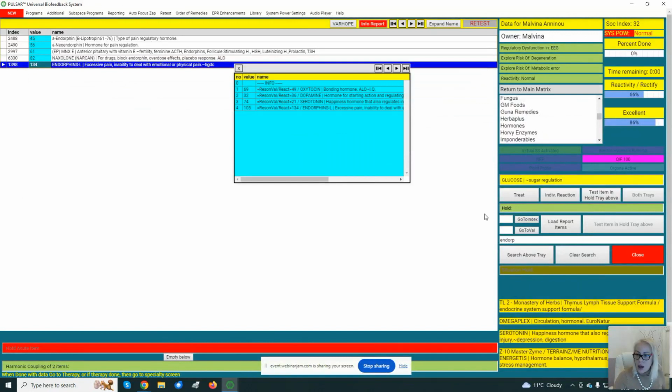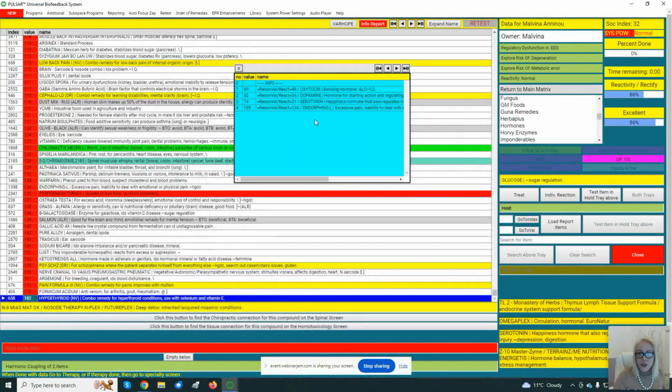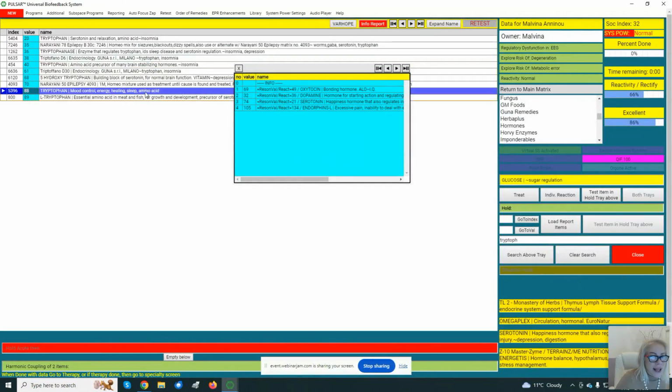Other feel-good items that you can put here is tryptophan. It's an amino acid that helps with mood control and helps with lowering cortisol, because tryptophan helps increase serotonin. So it's a chain reaction, right?